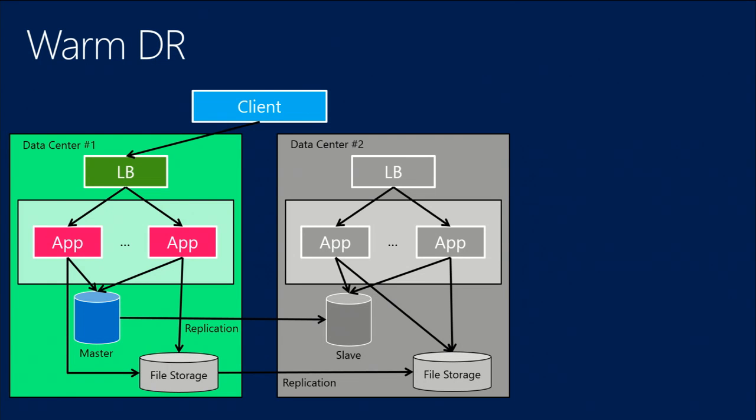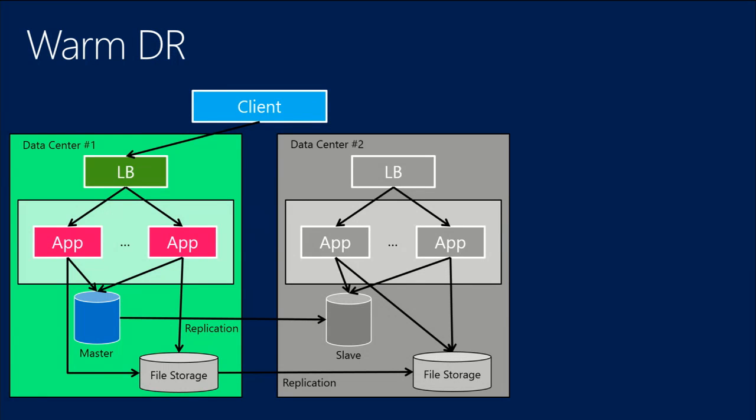And this replication won't be done every second, so I need to play with my recovery time objective and recovery point objective. How much time am I able to live with losing a little bit of data, and how much time does it take to recover?